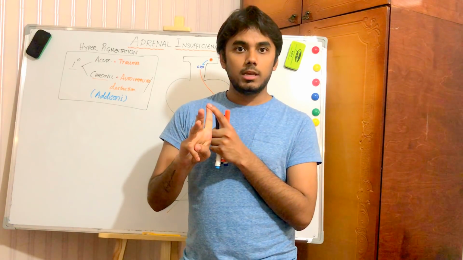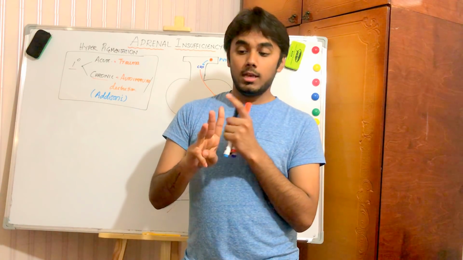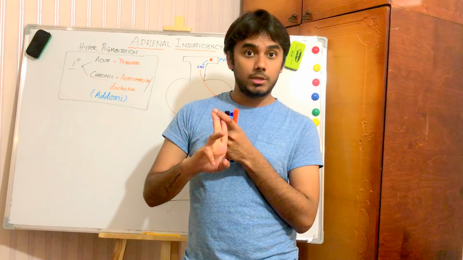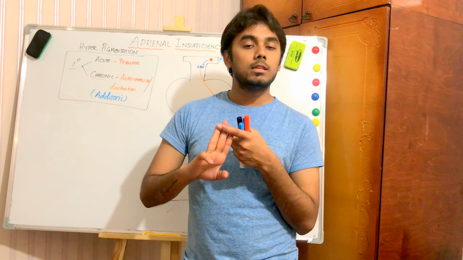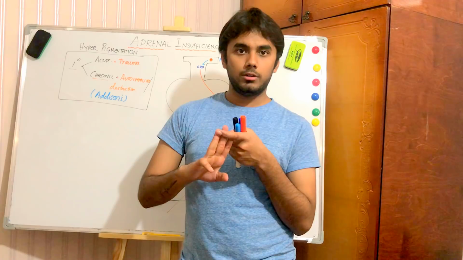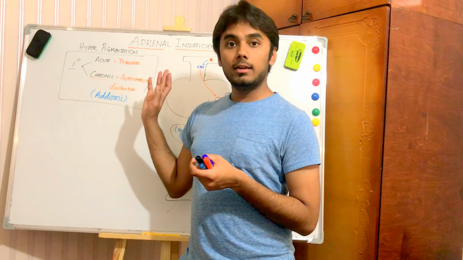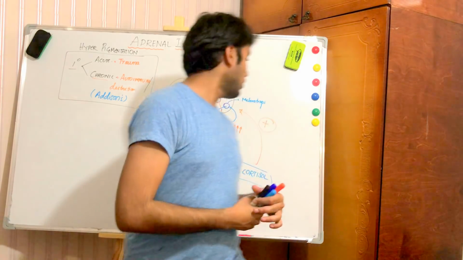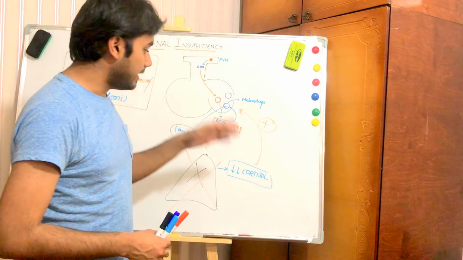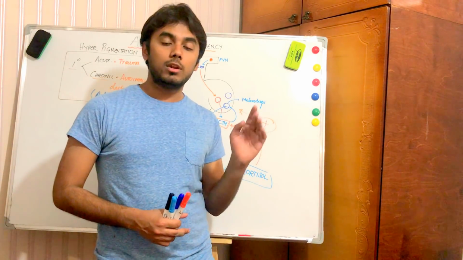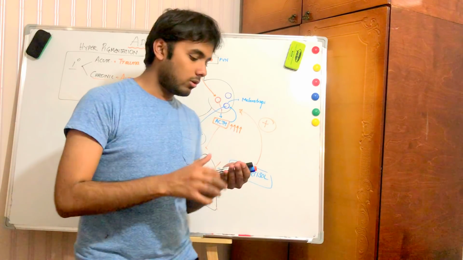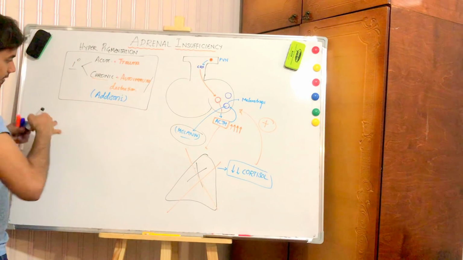The first thing is endotoxic shock, the second thing is septicemia, and the third thing is disseminated intravascular coagulation. Because of all of these three, the adrenal gland cannot produce enough cortisol as well as aldosterone. So that is called Waterhouse effect.